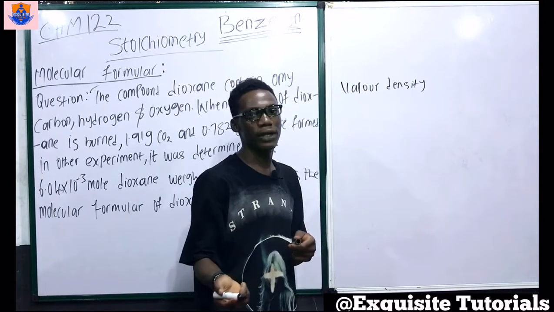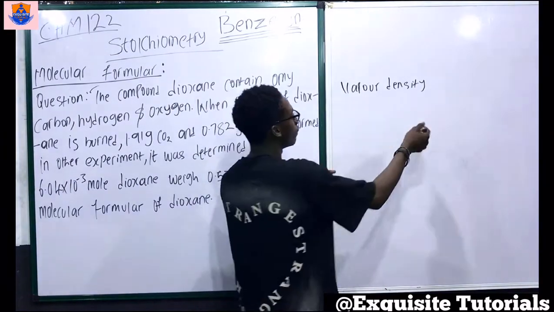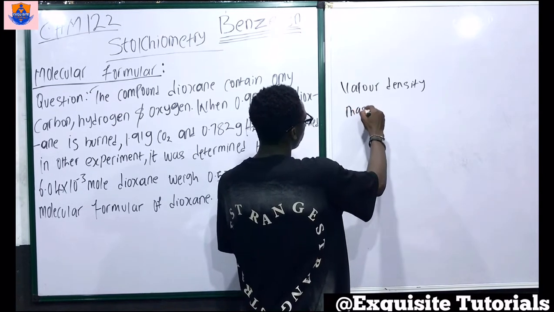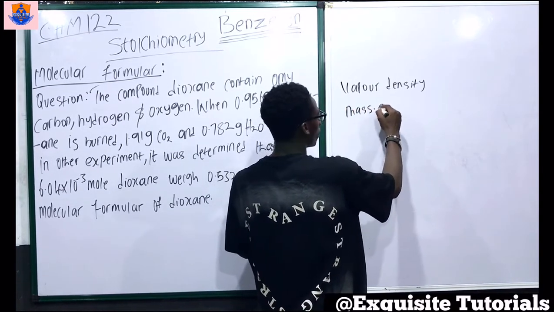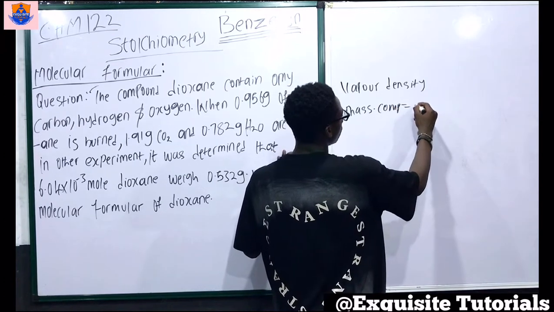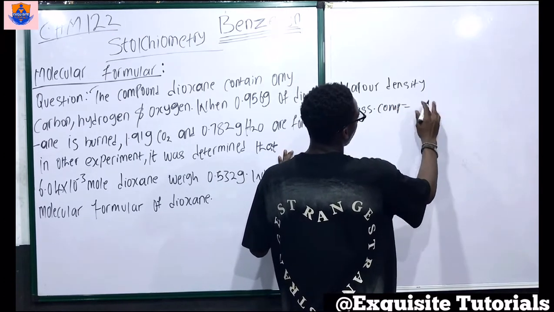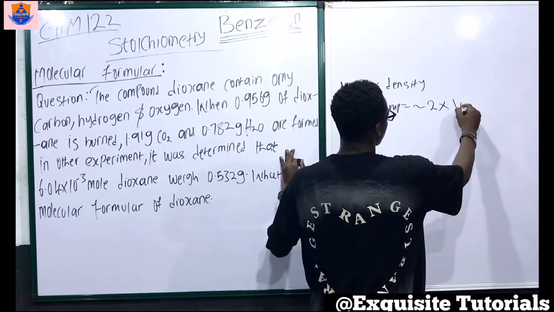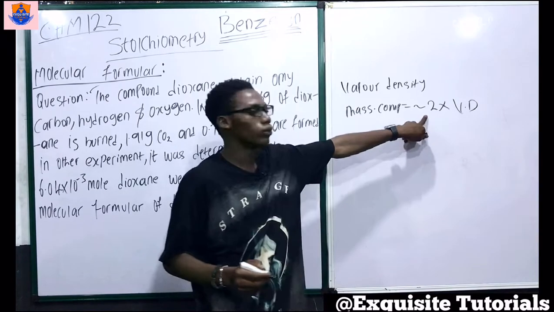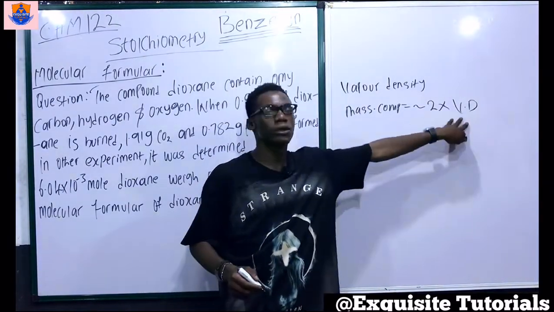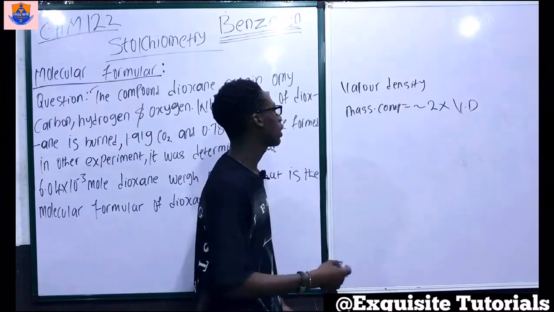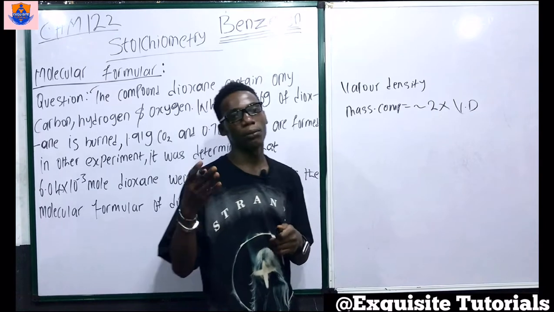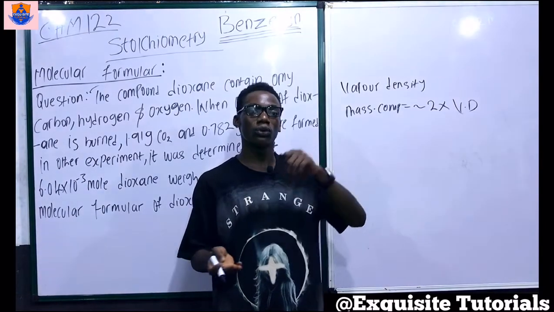Then you have to find the weight of the compound, which is the mass of the compound, and it should be approximately 2 times the vapor density. So it is an approximate value, 2 times vapor density, but for now they don't actually give us vapor density. They give us some parameters for us to know that this is what we have to do.